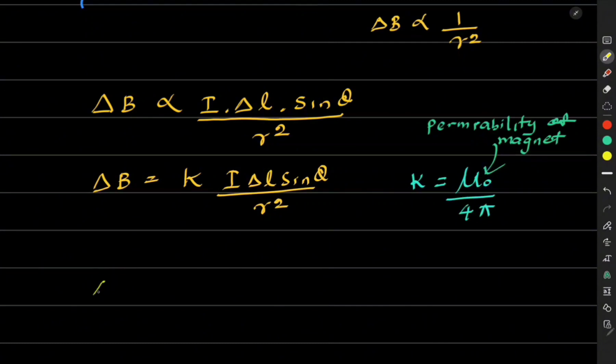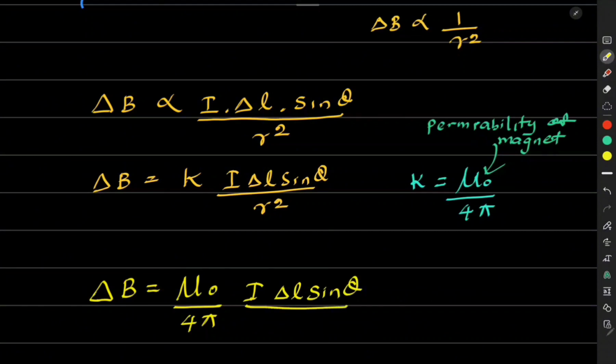Delta B equals mu naught divided by 4 pi into I delta L sine theta divided by R squared.